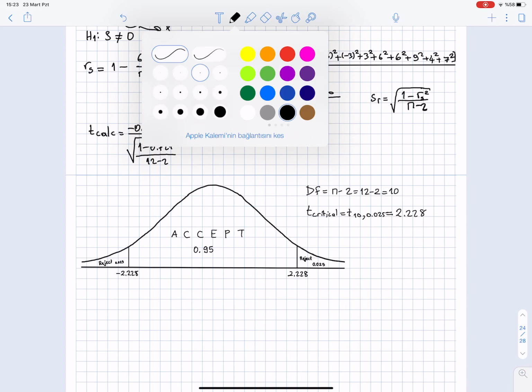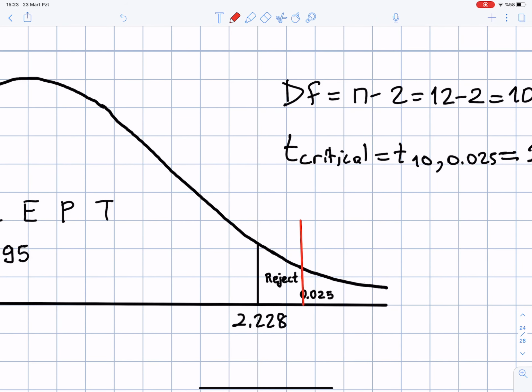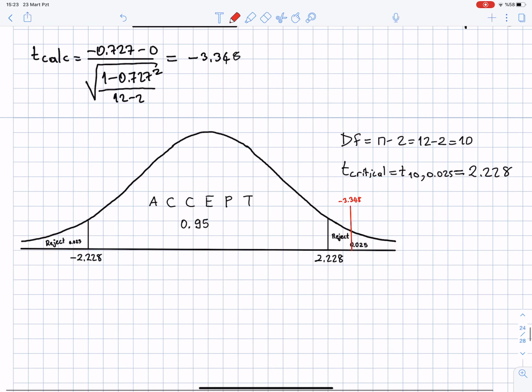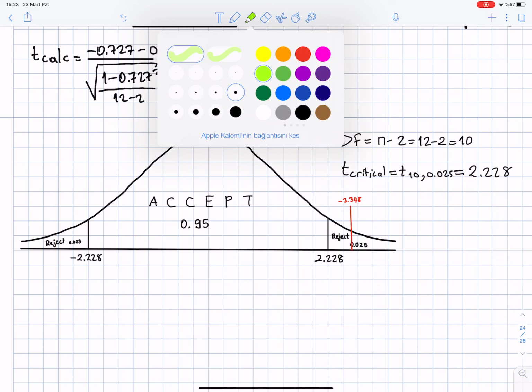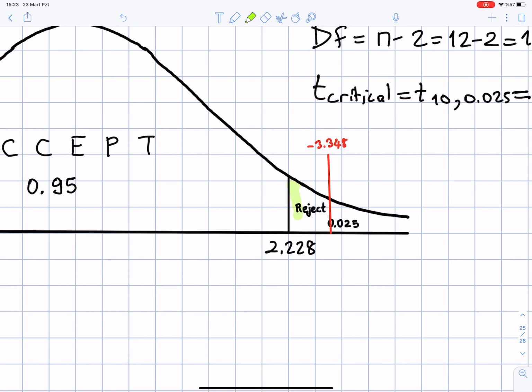So the value is minus 3.348, and it is falling within the rejection region. I want to highlight the rejection region, paint color the rejection part. I always do that.